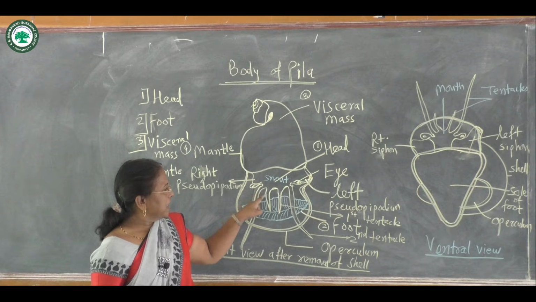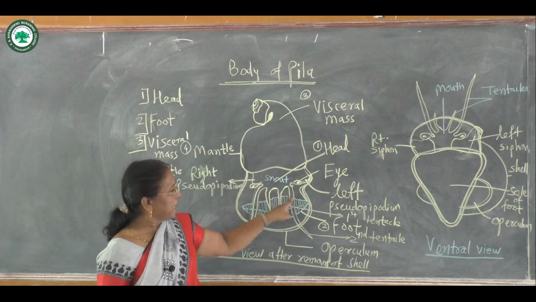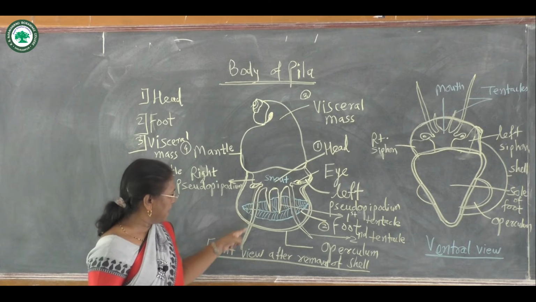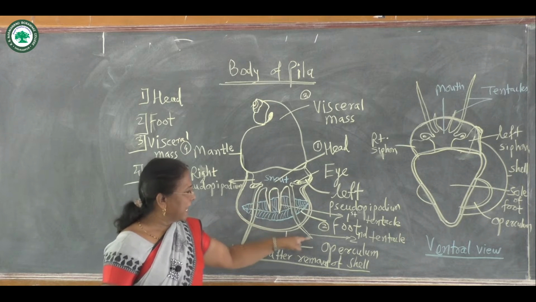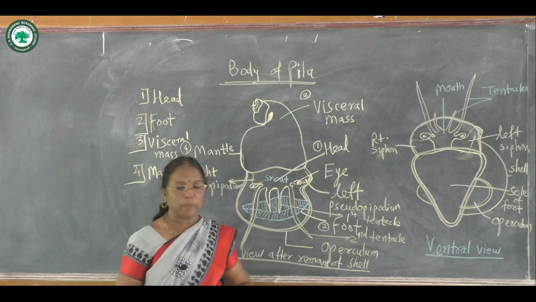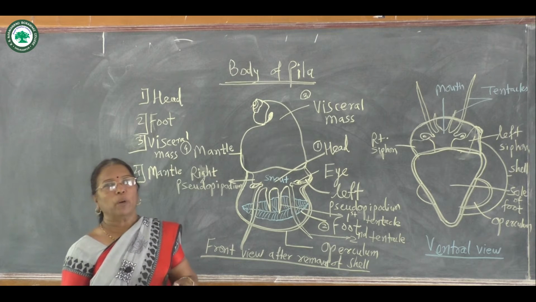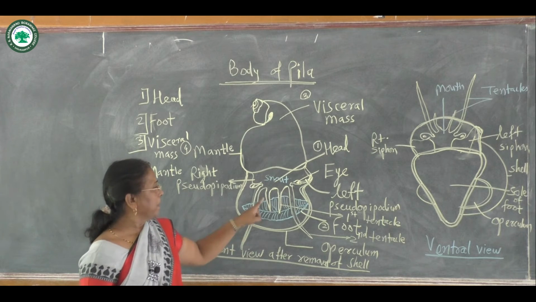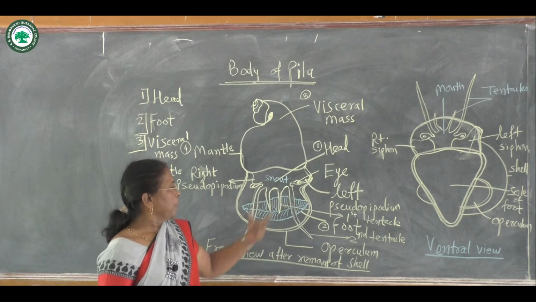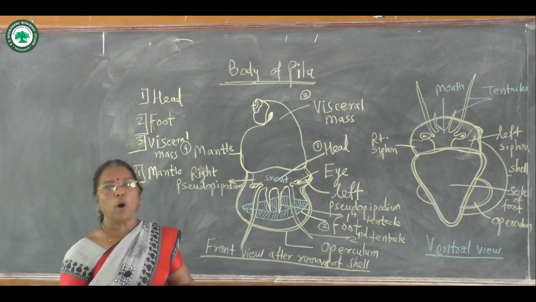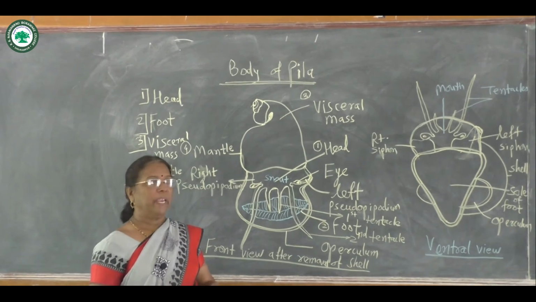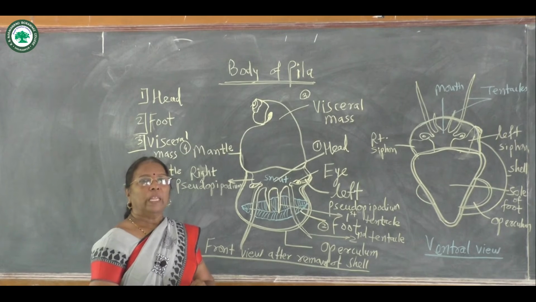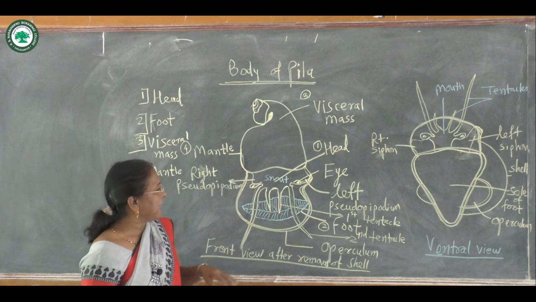On either side of these there is a second pair of tentacles. They are larger, contractile and elongated compared to the first pair. These two pairs of tentacles are helpful for swimming and are also sensory organs of the animal.